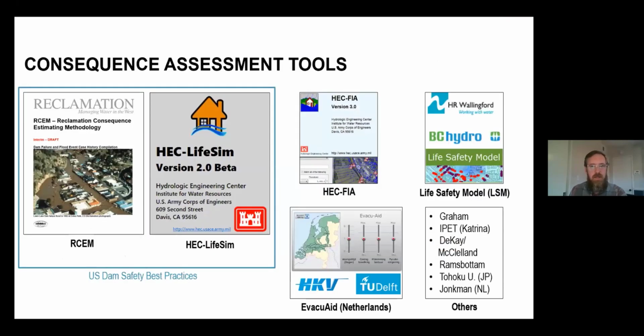Here's a smattering of some of the tools that are available for consequence assessment. In the United States, dam safety best practices highlight two methods.